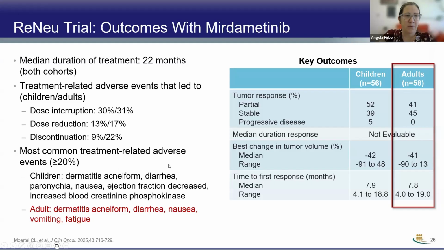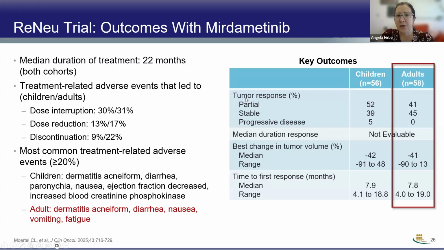Again, the most common treatment-related adverse events in children tended to be some dermatitis, paronychia, nausea, decreased ejection fraction, and increased CK. In adults, again, this acne-like rash is really the most common thing that we see, along with some diarrhea, nausea, and fatigue.